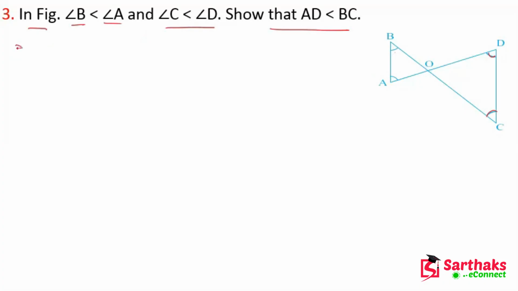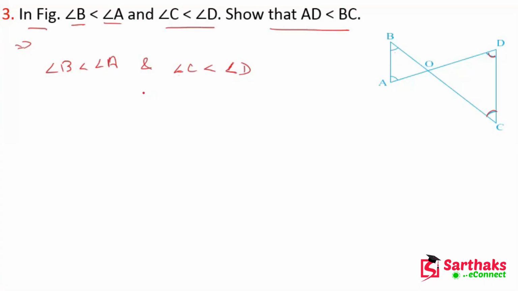In the question it is mentioned that angle B and angle C are smaller than angle A and angle D respectively. That is, we know that angle B is less than angle A, and angle C is less than angle D. Got it?